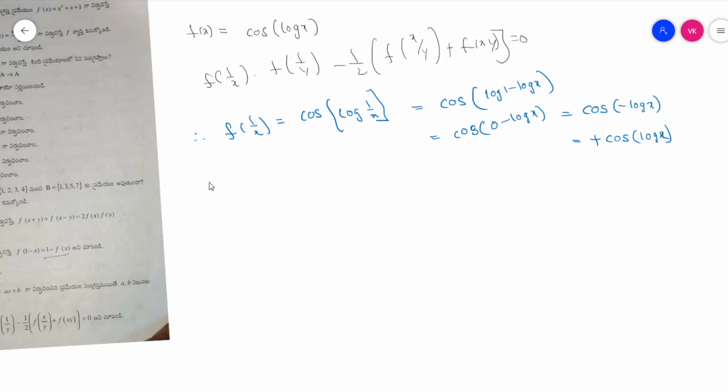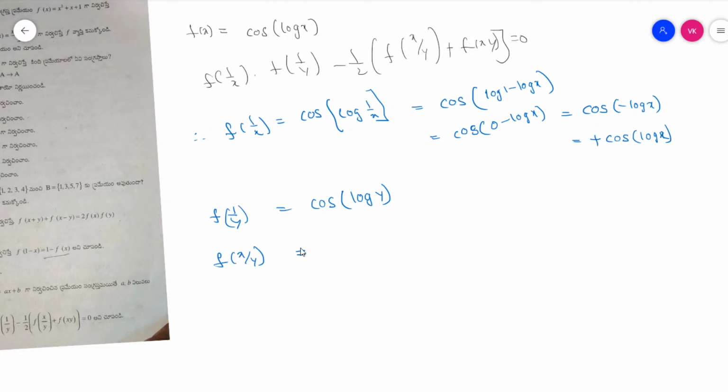And let's go for the second one, f of 1 by y. In this way we can directly write that f of 1 by x is equal to cos log x. Then f of 1 by y, by the same process, we will get cos of log y. And let's go for f of x by y.